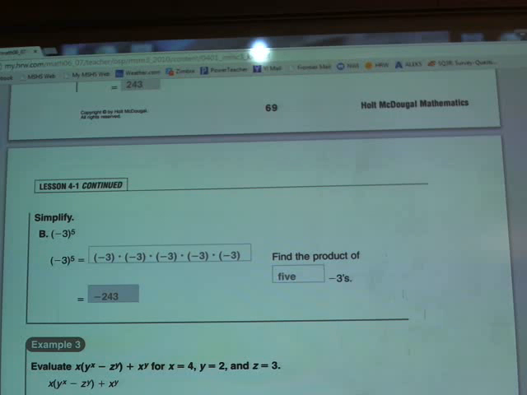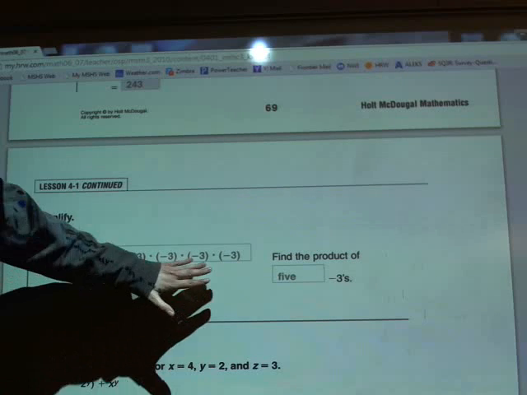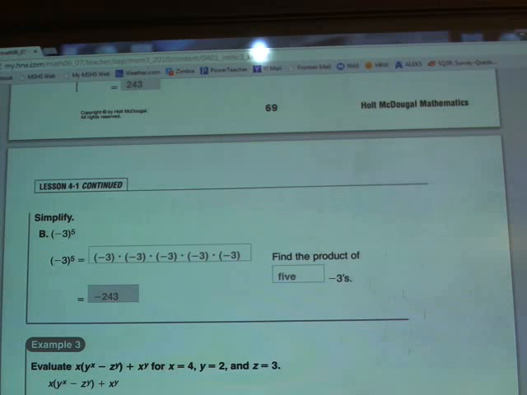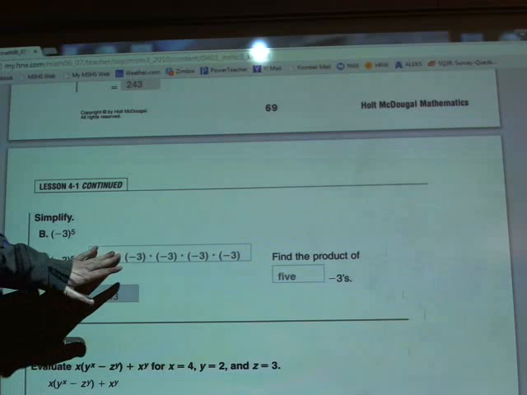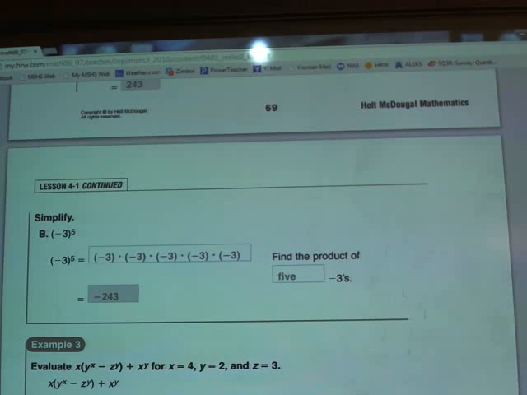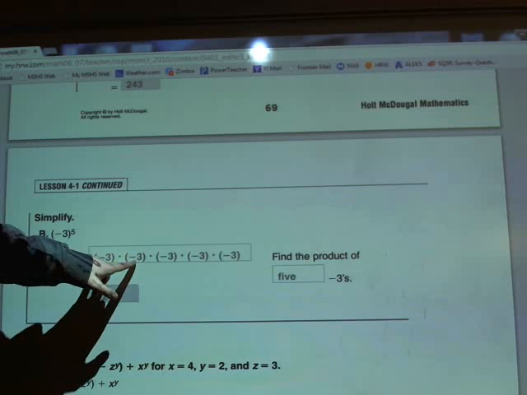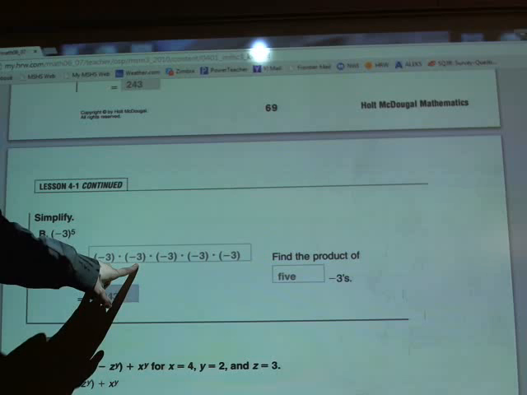Now, here's negative 3 to the 5th, so a very similar question. We're multiplying together negative 3 a bunch of times, specifically 5 times here. What we have to remember is that 2 negatives make a positive. Here we've got a negative and a negative, which makes positive.